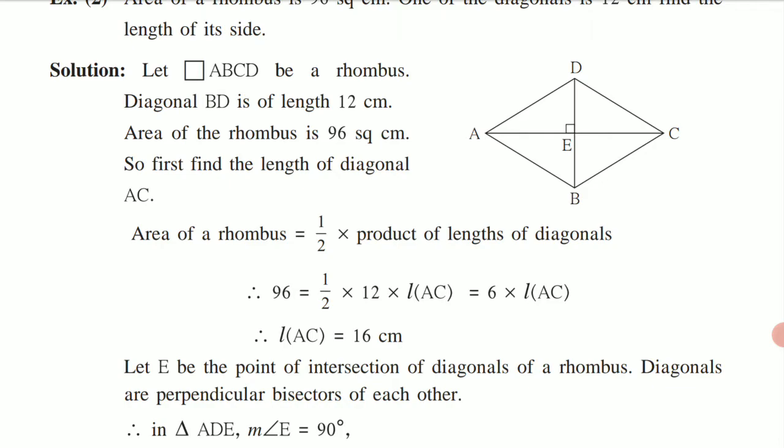So, first find the length of the diagonal AC. Area of a rhombus is equal to 1 upon 2 into product of lengths of diagonals. Therefore, 96 is equal to 1 upon 2 into 12 into length AC is equal to 6 into length AC. Therefore, length AC is equal to 16 centimeter.